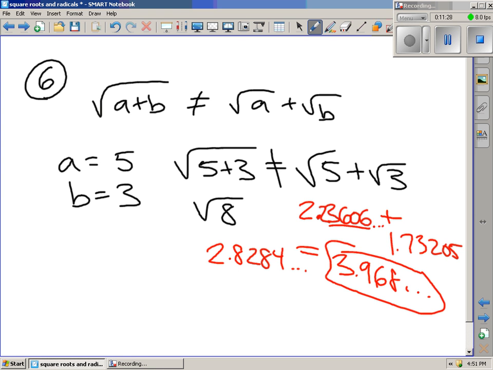But you can see that those two values are clearly not equivalent, so it's not going to work. Let's do one more example to prove that it's not going to work, and then we're going to move on.